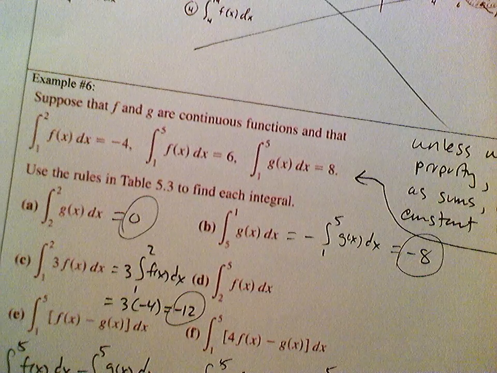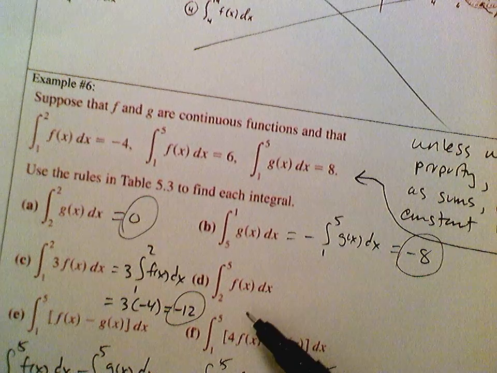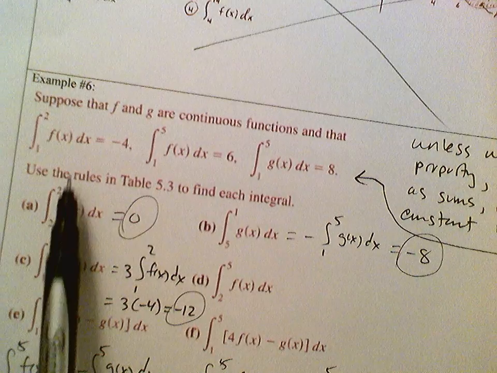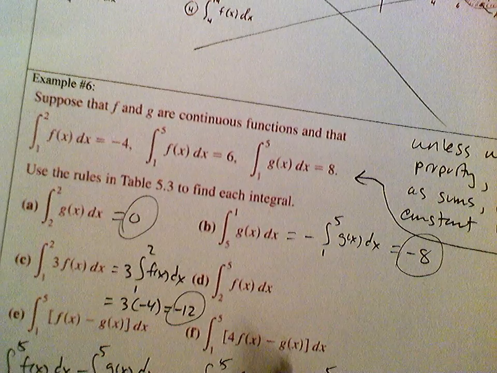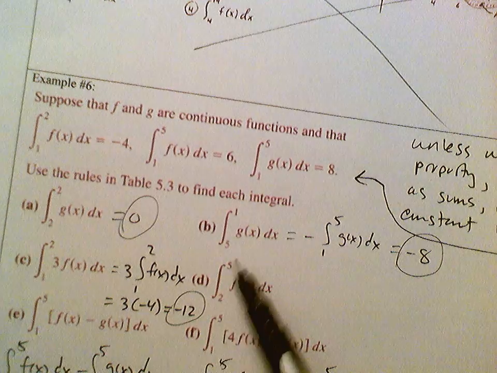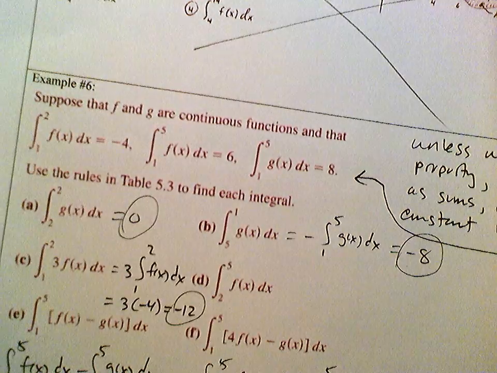Okay, now back to this one, 2 to 5. I'm looking at this and I'm stuck. There's no constant multiple here that I could pull out. So this interval 2 to 5 does not show up here.